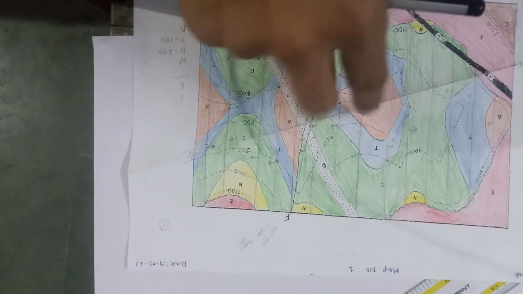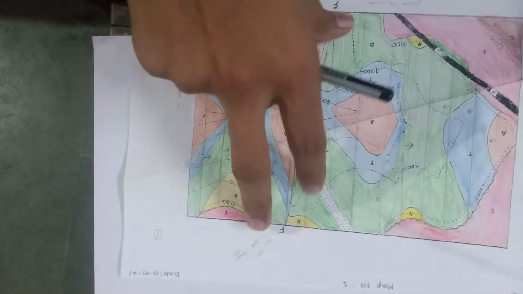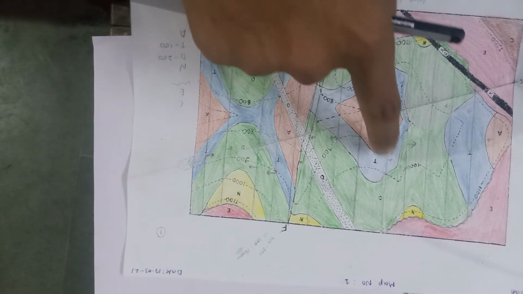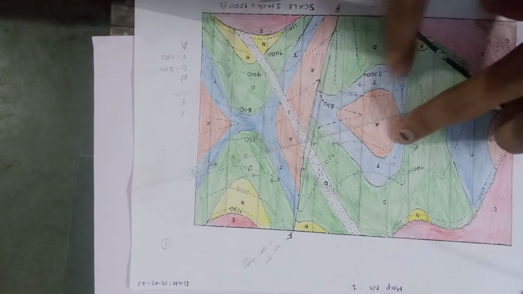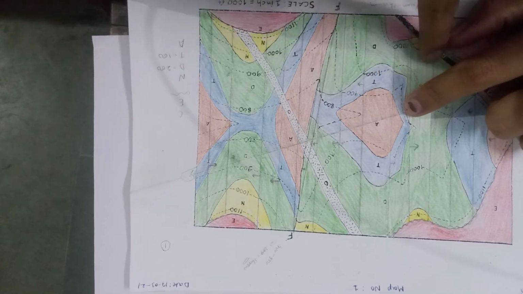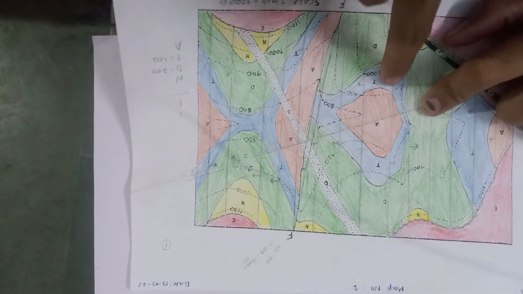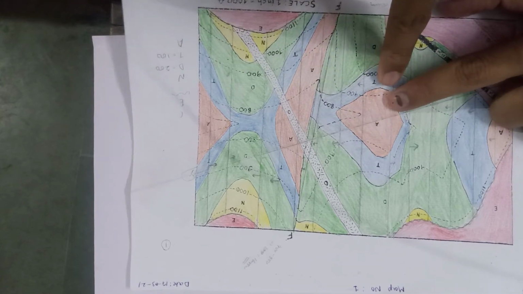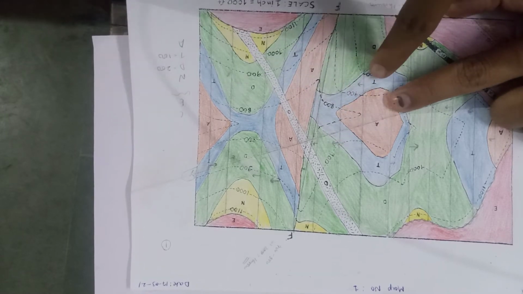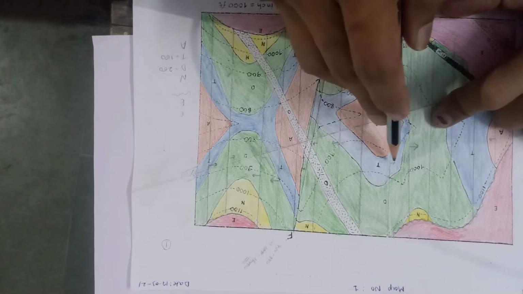Now if we move further for the TA contact, T and A, this will be the strike line for the TA contact, and another strike line which is dipping in the same direction. You will not find any other strike line other than this one, because this strike line has a contact of A and T, but this is dipping in this direction and this is dipping in this direction.